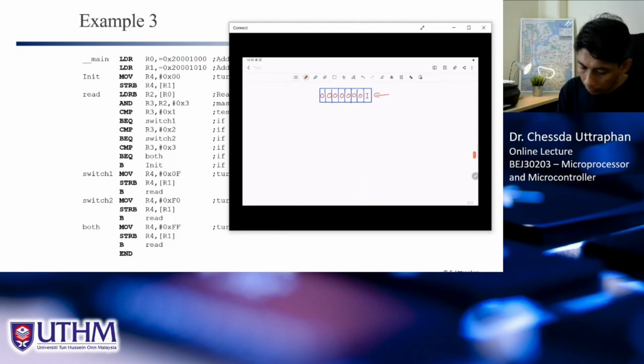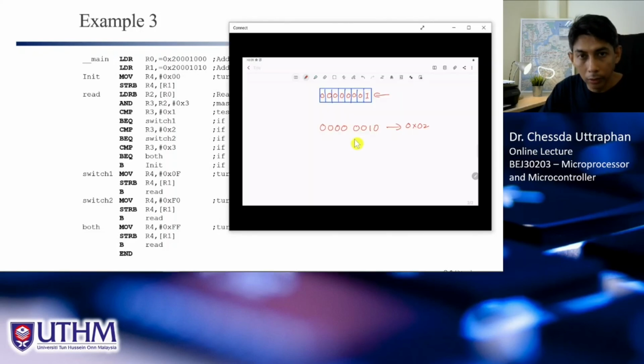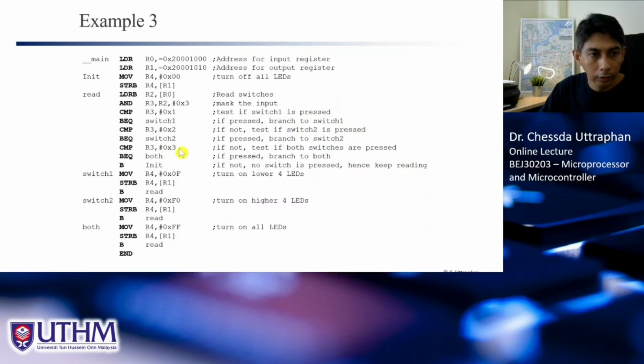Right? Because the value 0, 0, 0, 0, 0, 0, 1, 0 is 2 in hexadecimal. So we want to know whether switch 2 is pressed or not. So this is how we do it.